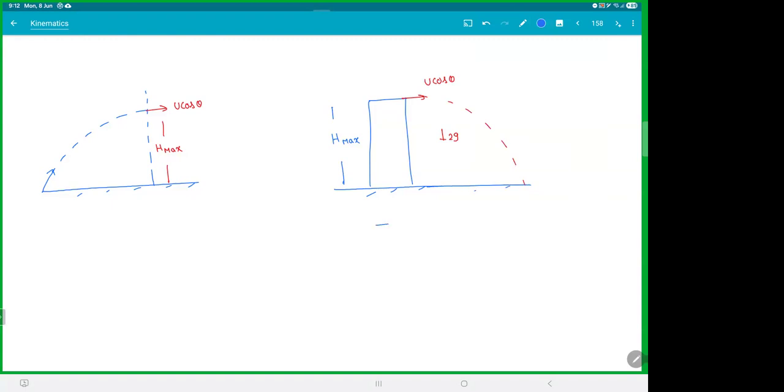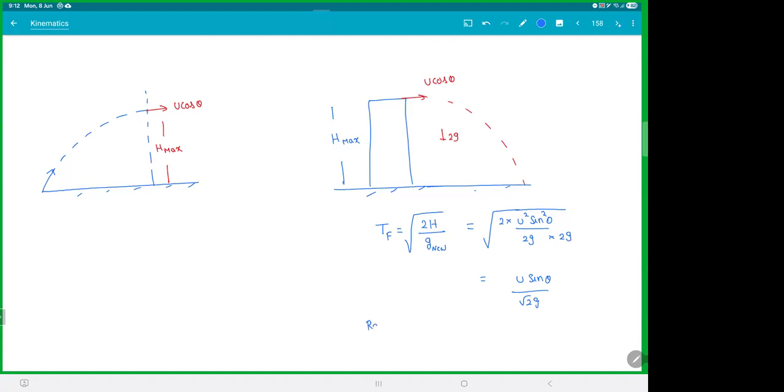For a horizontal projectile, we know the time of flight. Time of flight is root over 2 times h by gravity. But the gravity became 2g, so 2h is u square sine square theta by 2g, and the new gravity is also 2g. So that's u sine theta by root 2g.